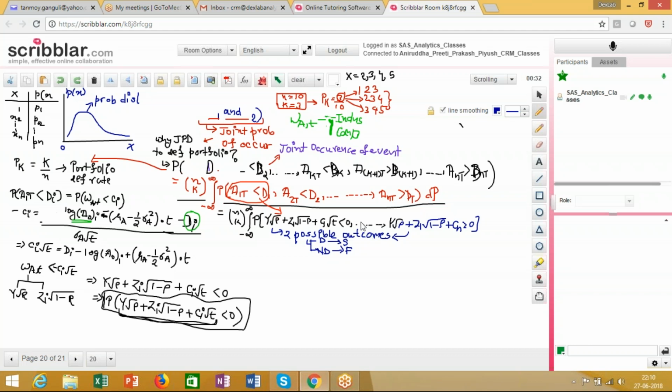Now, let's think about this case. For every success there is a probability.